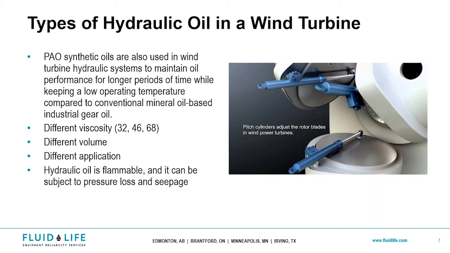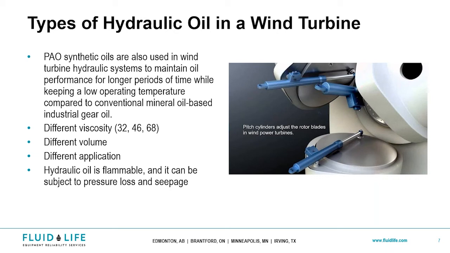Another thing to note is this hydraulic oil is pretty flammable and it can be subject to pressure loss and seepage. Just a general understanding of how pitch works. You can think of it as like the muscle for wind turbine blades. So some of these are electronic driven or electric device driven, like GE turbines, for example.